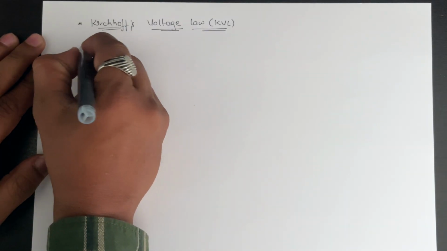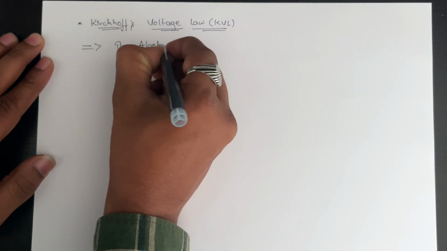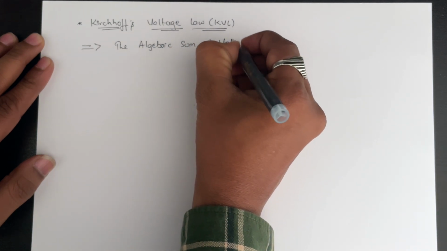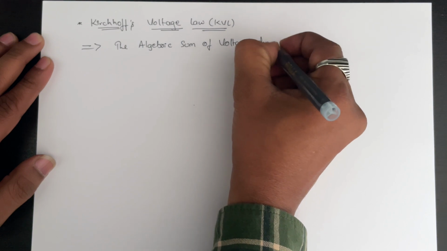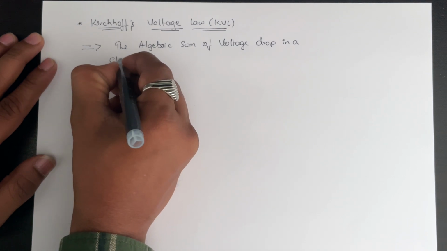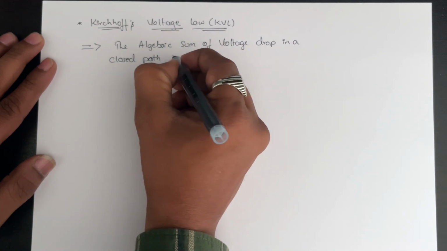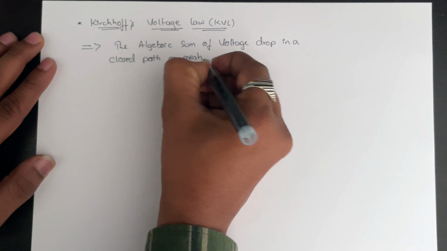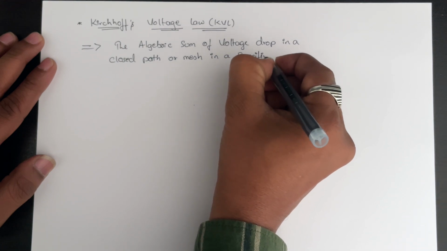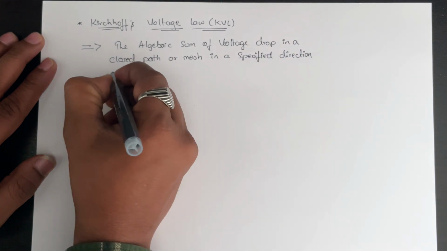KVL states that the algebraic sum of voltage drops in a closed path or mesh, in a specified direction, is 0.